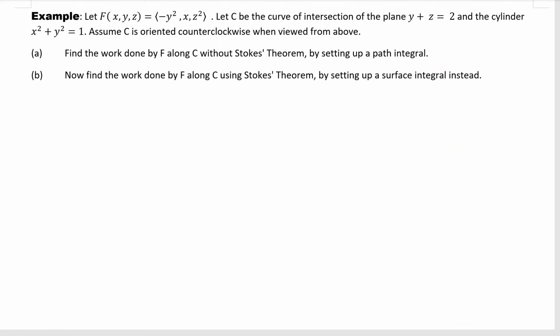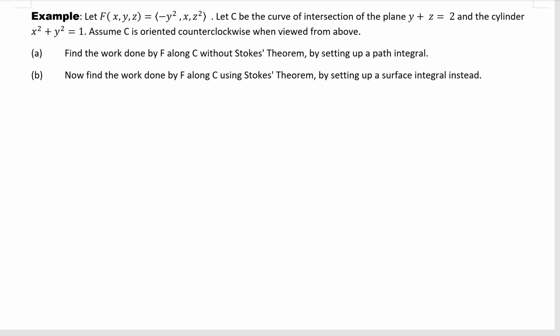Assume C is oriented counterclockwise when viewed from above. Part A: find the work done by F along C without Stokes' theorem by setting up a path integral. Part B: now find the work done by F along C using Stokes' theorem by setting up a surface integral instead. Okay, so let's draw the picture.